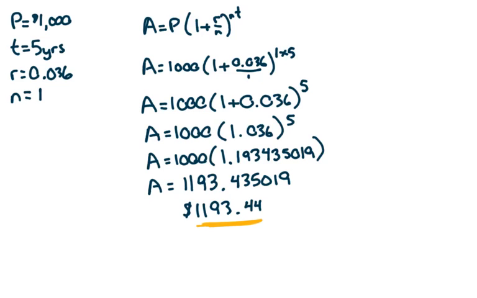The power of compound interest doesn't sit in short-term investments, and 5 years is kind of short. That's why there's only a small gain. Compound interest becomes much more visible with longer investments, 15 to 20 to 25 years and more. But it does make a difference.